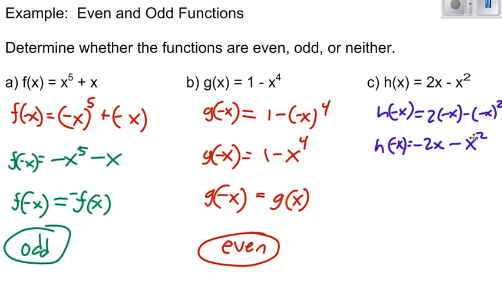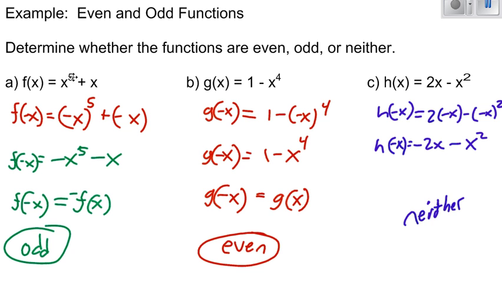So one sign changed, the 2x changed to a negative 2x, but the second sign did not change, so that means it's neither. So if all the signs change, it's odd. If none of the signs change, it's even. And if you get a mixture of both, it's neither odd nor even.